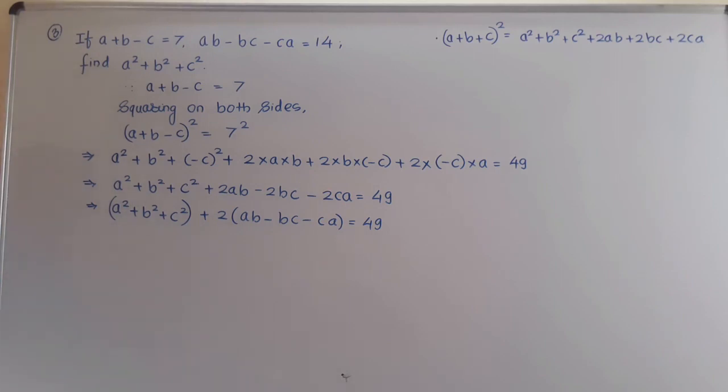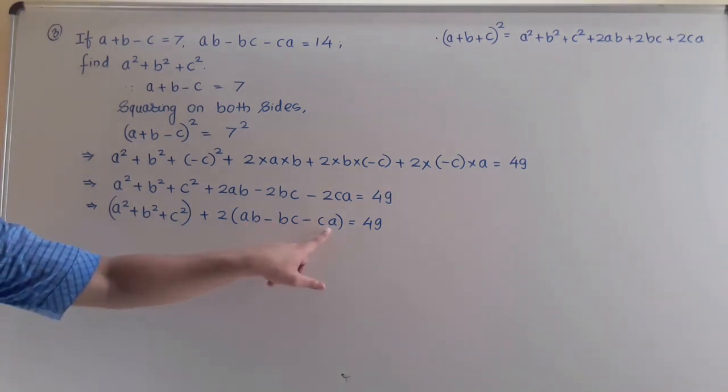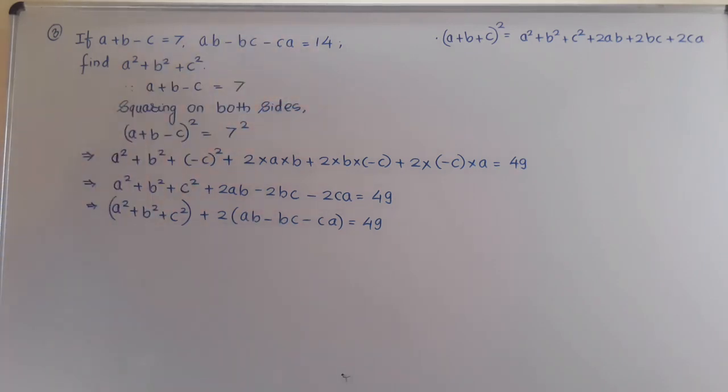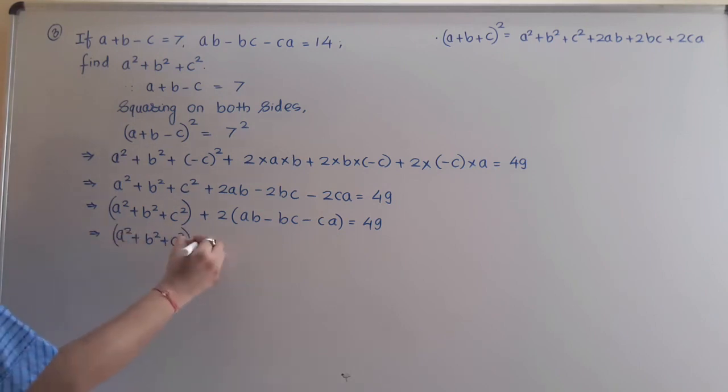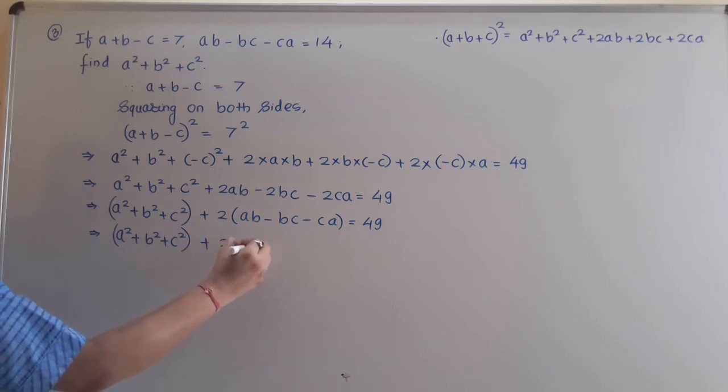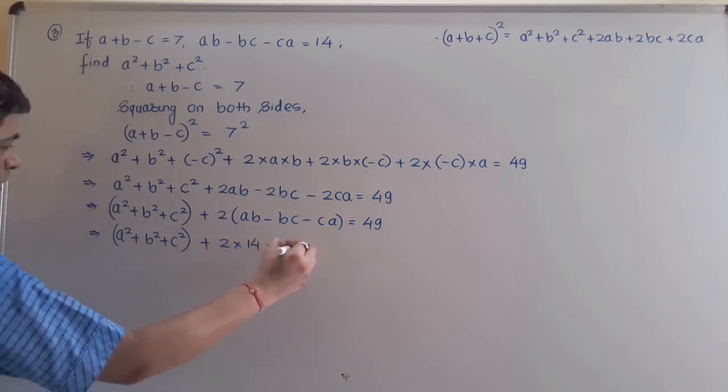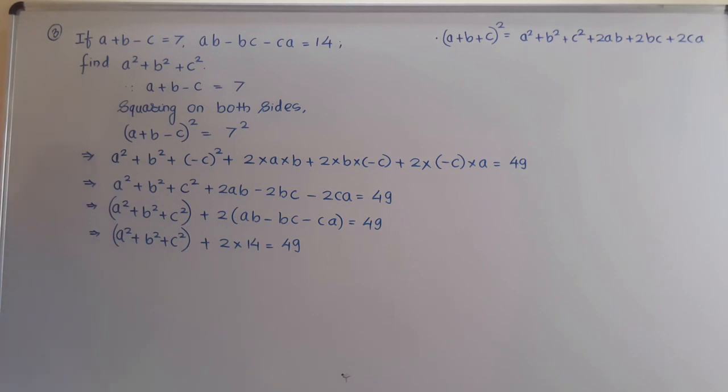Now look at the second given in the question. The value of ab minus bc minus ca is given here as 14. So that we can keep it now. So this will be a square plus b square plus c square as it is, plus 2 into 14 is equal to 49. 2 into 14 will become 28 and 28 I am sending onto that side.